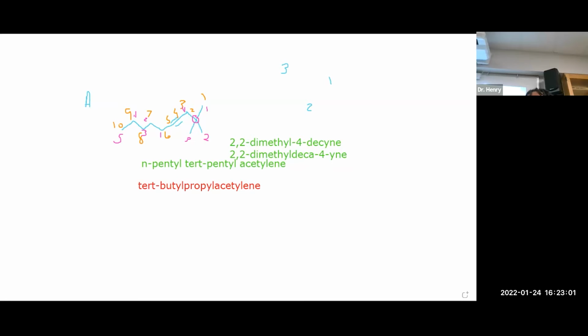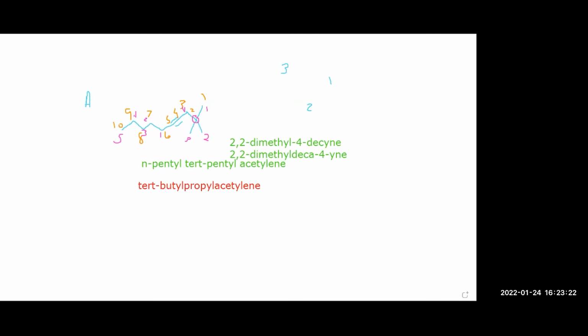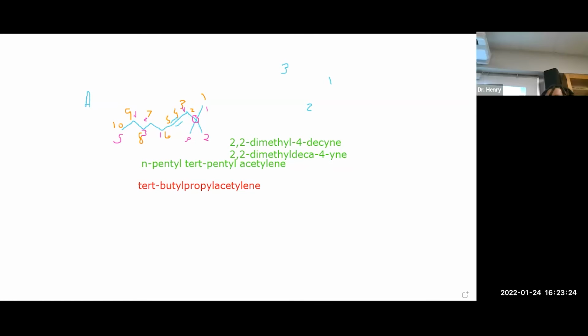Yes, you would include the N to let us know that it's an N pentyl, because it could be tert pentyl, or it could have been sec pentyl. Does that make sense? Technically you could have it as tert pentyl, but it would be more accurate to have it as N pentyl, because N means that it's connected in a straight chain.